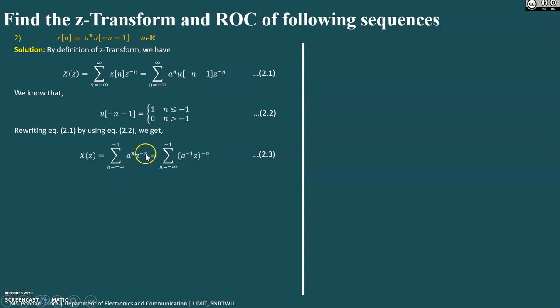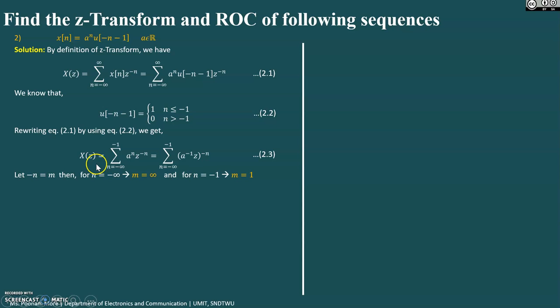Now taking minus n common from the power, we can rewrite x of z as a summation of a inverse z the whole raised to minus n. Now let's consider this minus n is equal to m. So when n is equal to minus infinity, m will be equal to infinity, and for n is equal to minus 1, m will hold the value 1.